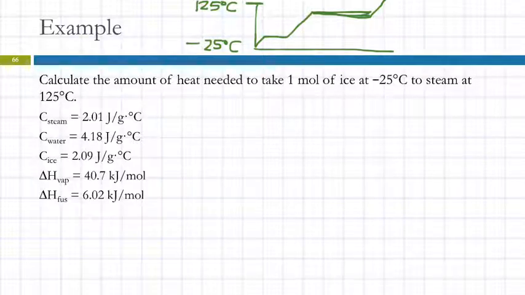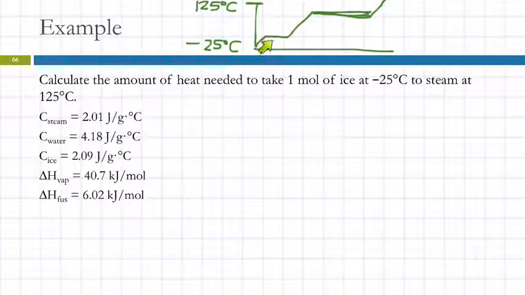So at minus 25, the water is frozen. At 125, it's in the gas state. So I've got the ice heating, melting, the water heating, boiling, and then the steam heating up. You just have to think through what does it do?